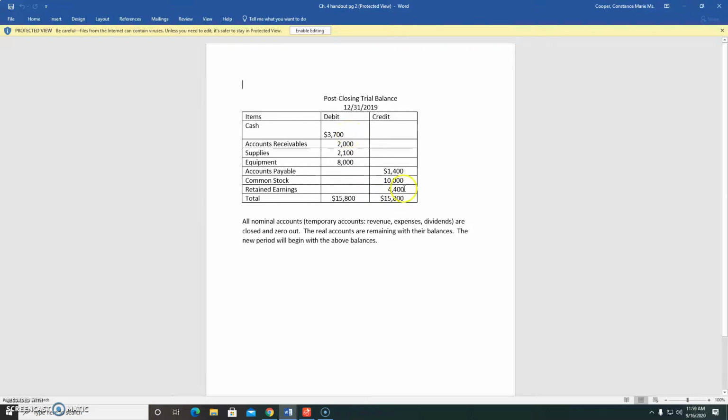And you'll see that the retained earnings account has been updated to $4,400. Our post-closing trial balance is in balance, so we are ready to start the new accounting period with all of the information being updated and all the revenue and expense accounts being 0 along with dividends. So hopefully this actual demonstration will help you with the Chapter 4 closing entry process, and you will have success in completing the problems.